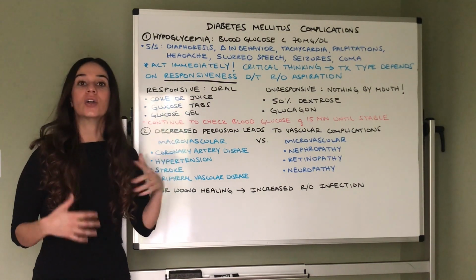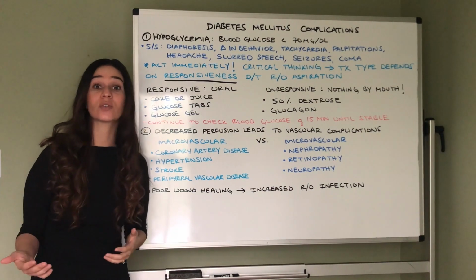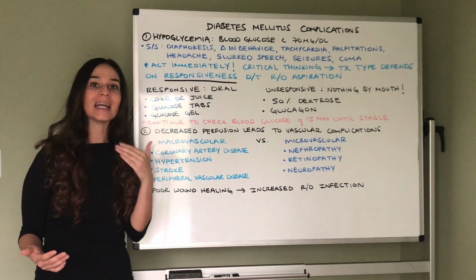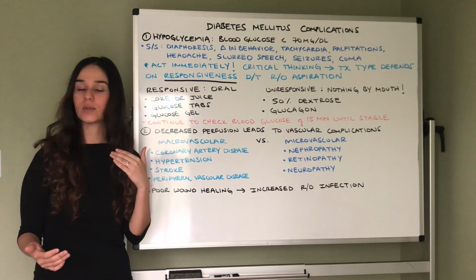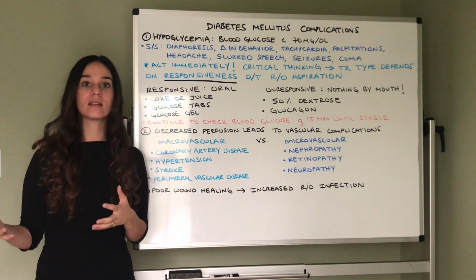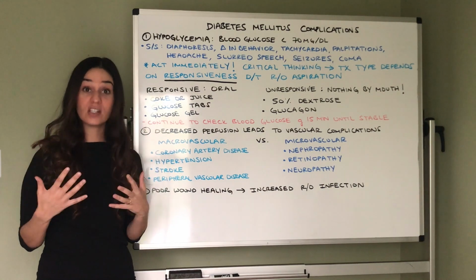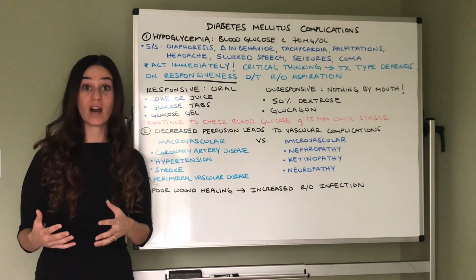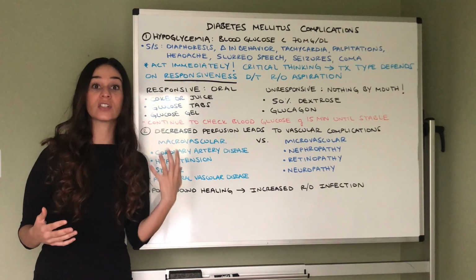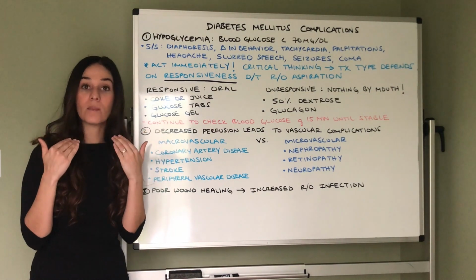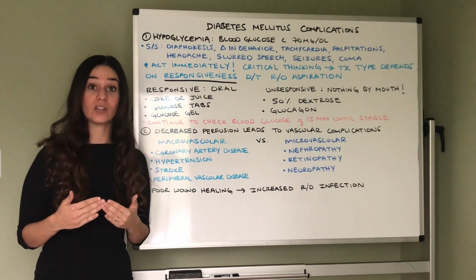So think about it. You walk in the room and they're difficult to arouse. Should we put anything into their mouth? Absolutely not. What risk does that create? What safety implication does that create? If they have a change in behavior, if they're difficult to arouse, if they are confused or have slurred speech, we put something in their mouth, that could be an aspiration risk.